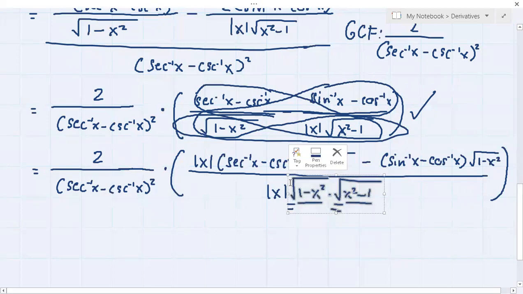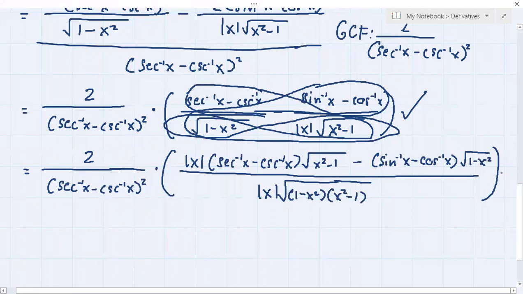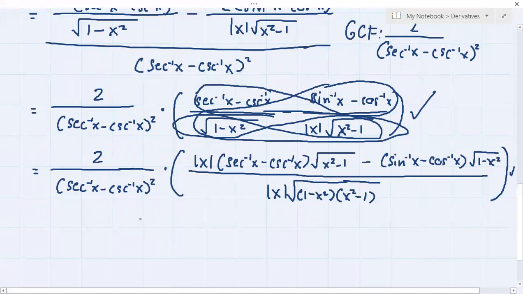So therefore, if you're going to combine them together, magiging ano na to? The absolute value of x times the square root of quantity 1 minus x squared times quantity x squared minus 1. Ganyan yung maging resulta. And this is also one of your final answers. So, pwede na rin to actually.